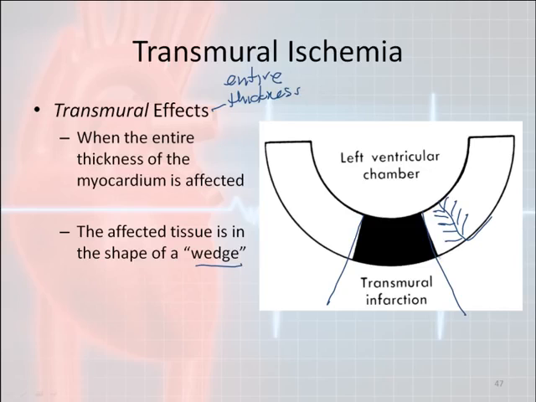So if an artery over here is being affected, yes, all of this is going to be affected here, but this artery over here is going to have collateral circulation that's still going to provide a little bit of circulation the further in you go. That's just nice to know information.